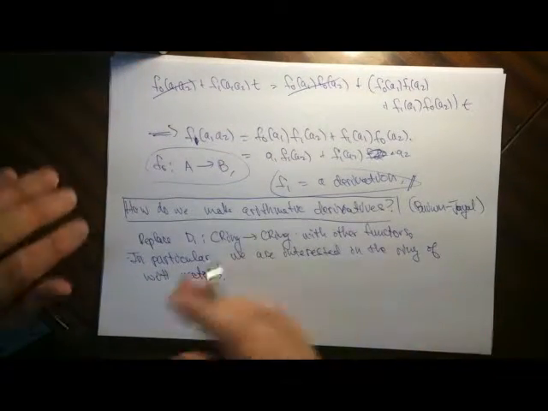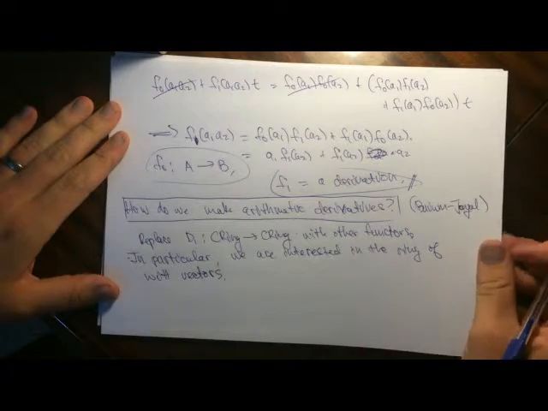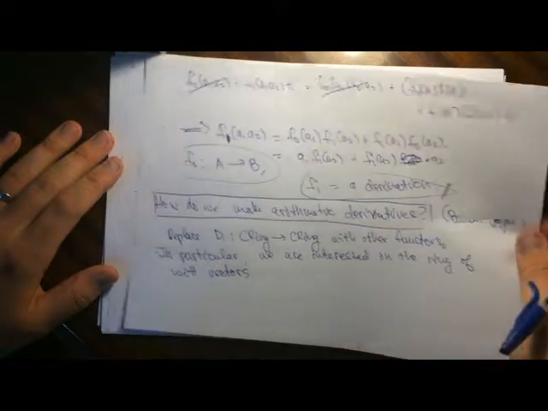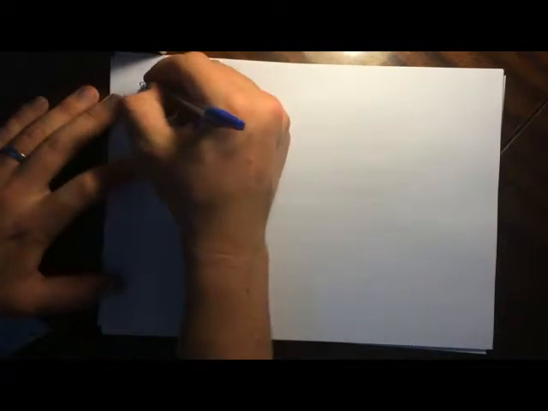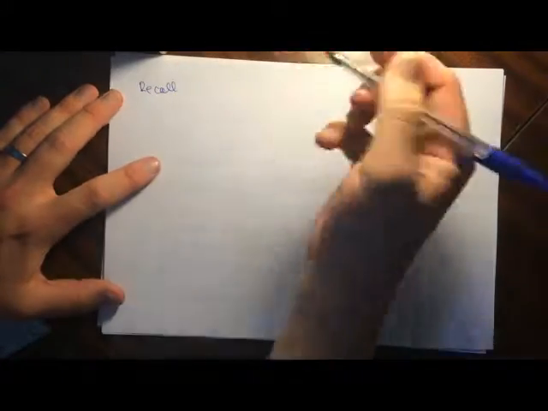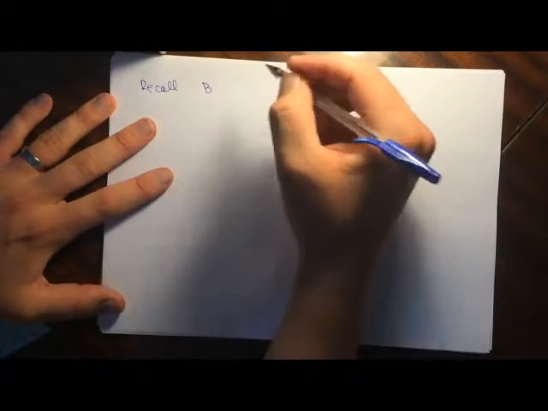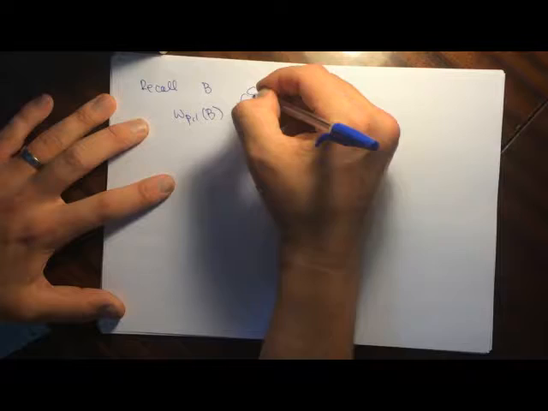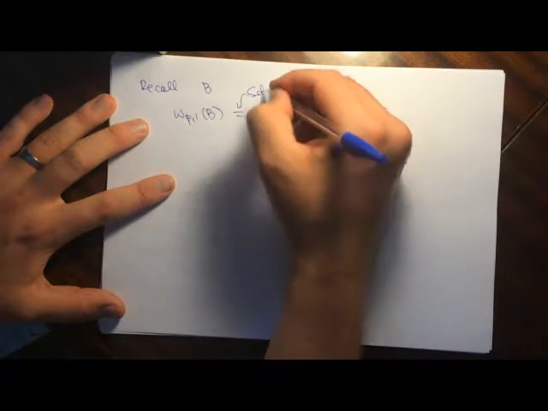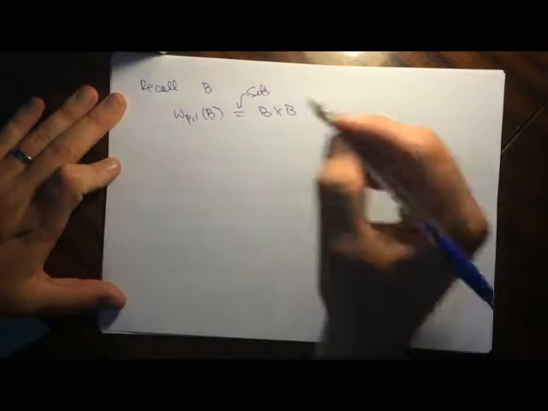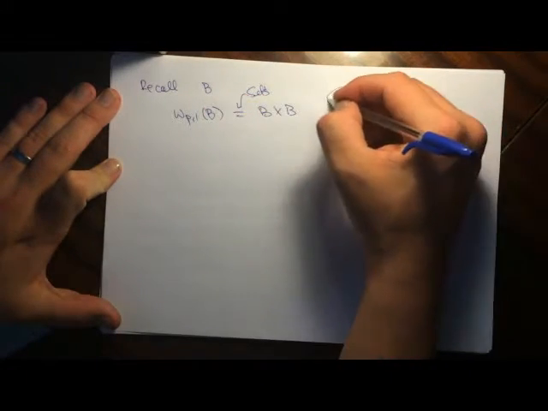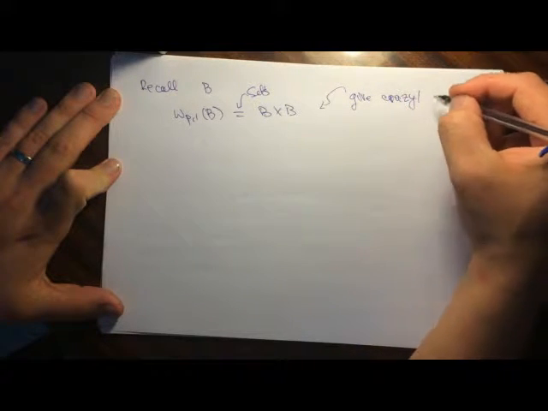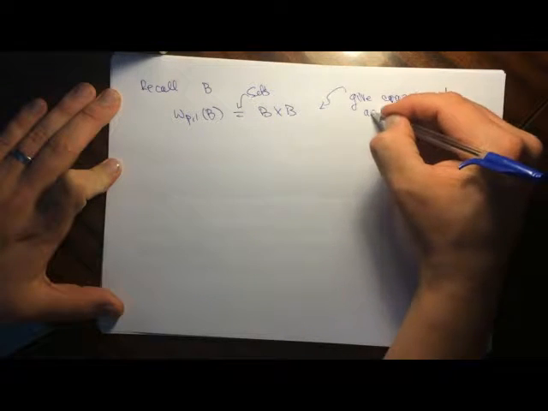So let me just say what the Witt vectors are for the truncated case, and that will suffice here. Recall, if we have a ring B, we make a new ring where, as sets, this looks like B cross B. It's just the set B cross B, but we give it some crazy, wacky addition and multiplication.